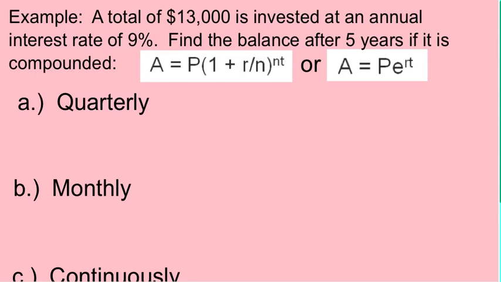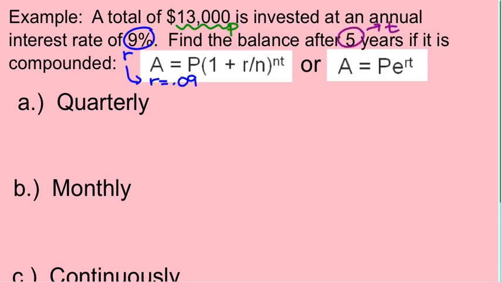Let's say we want to invest $13,000. So that's going to be your principal. And we want you to get an interest rate of 9%. So this is your R. But be careful, that's going to be R equals 0.09. We want to find out what is your balance after 5 years.